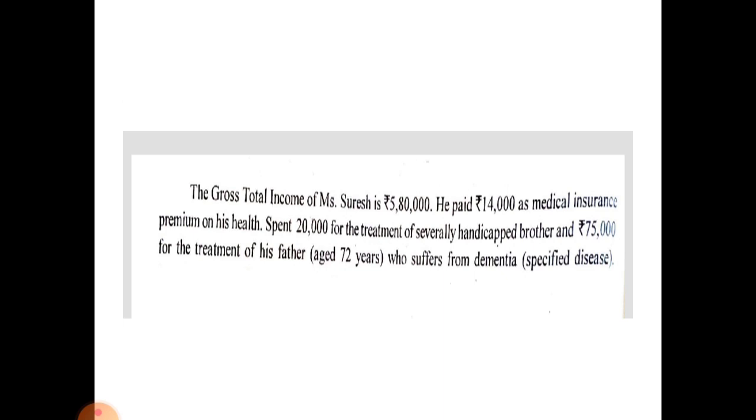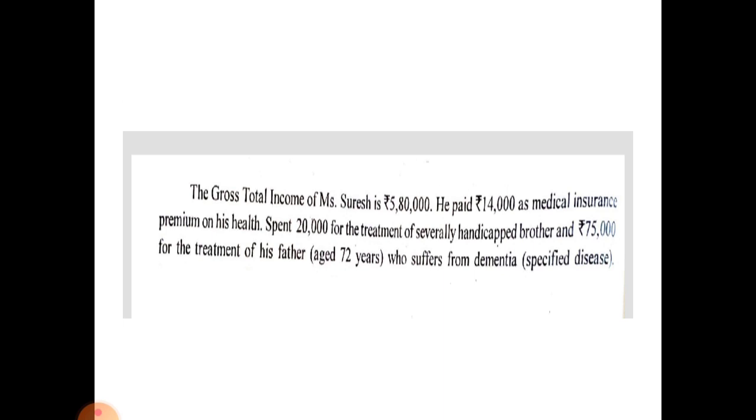The gross total income of Mr. Suresh is rupees 5,80,000. He paid rupees 14,000 as medical insurance premium on his health, and spent 20,000 for the treatment of severely handicapped brother and 75,000 for the treatment of his father aged 72 years who suffers from dementia, that is a specified disease.